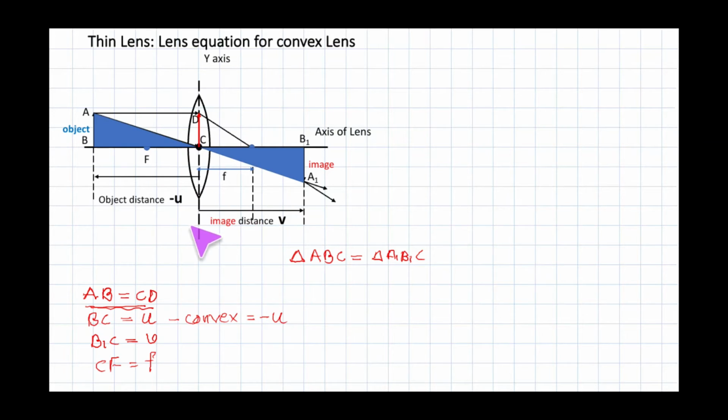So from this we can say that the ratio of AB upon A1 B1 is exactly equal to the ratio of BC to B1C. So from this we can say that AB upon A1 B1 is equal to BC upon B1C.